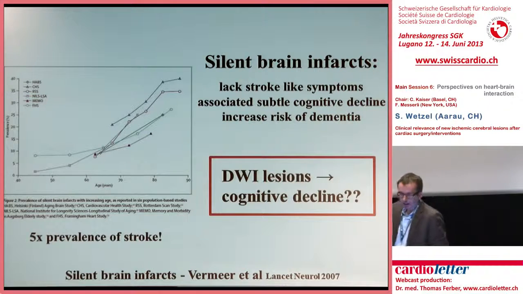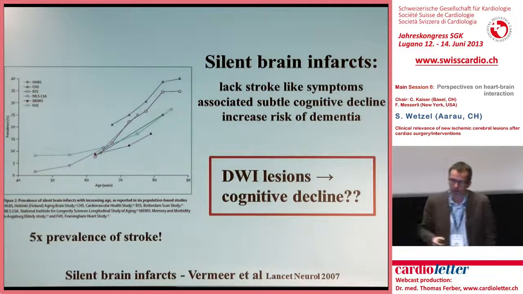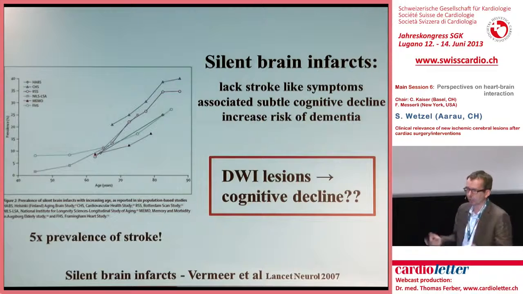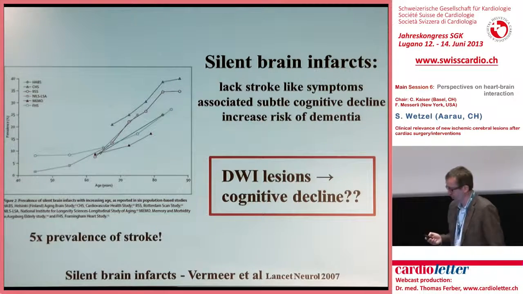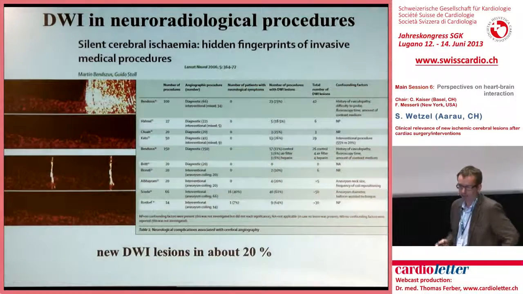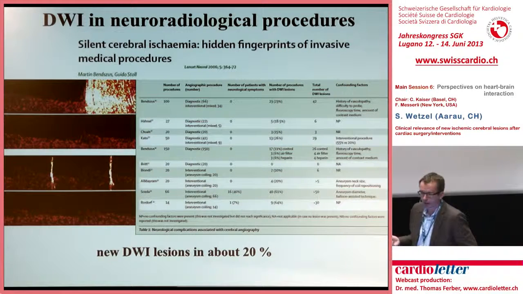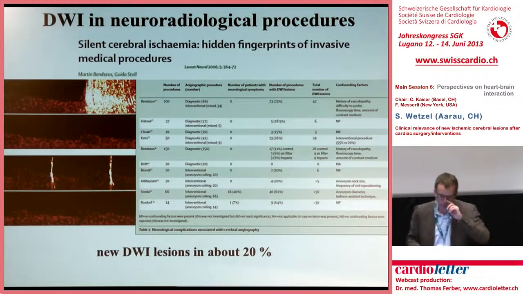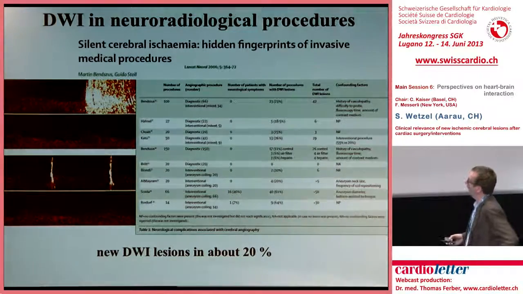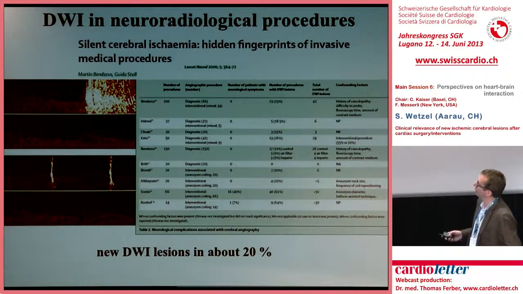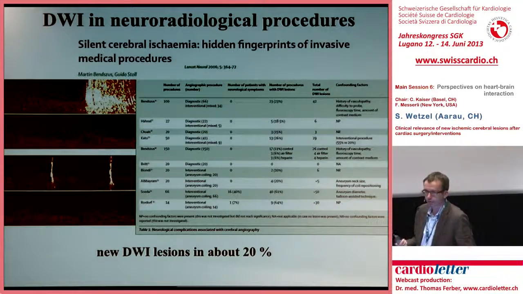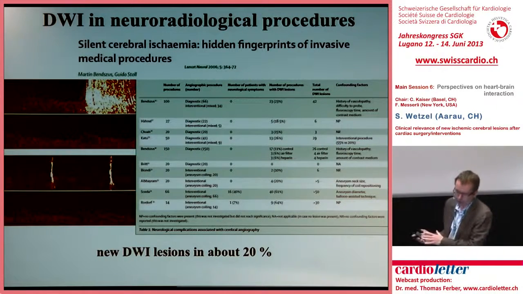So the main question to answer is, do these DWI lesions lead to cognitive decline in the end? And this is hard to answer. So first, the detour: how often are they? In neuroradiology, we looked very early on at the occurrence of those lesions. And to sum it up, new lesions occurred in about 20% of all cerebral angiography procedures or interventions on average.